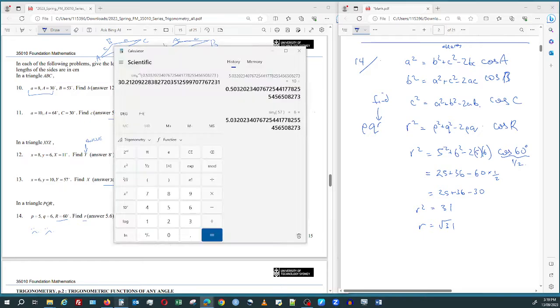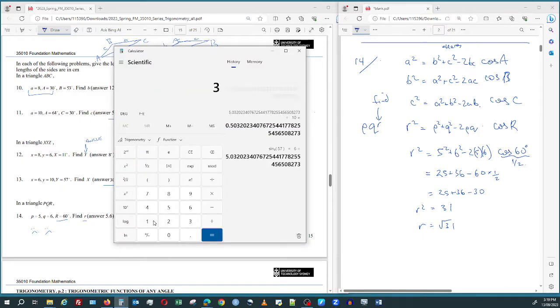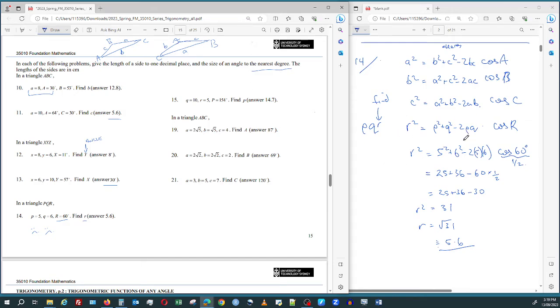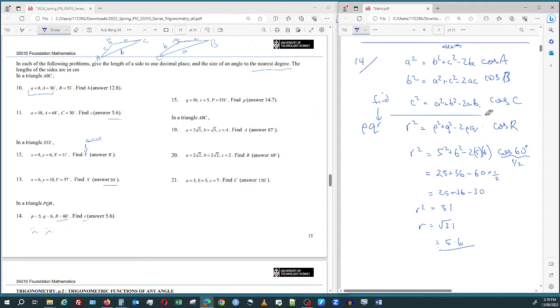So what's the square root of 31? You ask. There it is, 5.56. So that's going to be 5.6. So there's a way to do it. There's always a way to do it. I'm just trying to help you discover your ways to do it. That's all. So that's been okay.